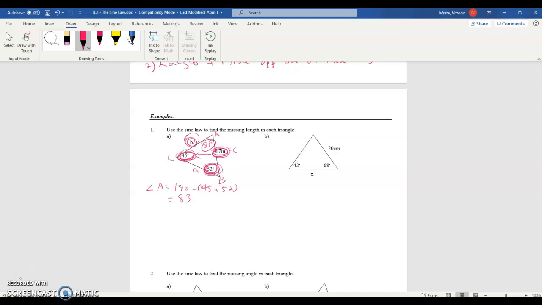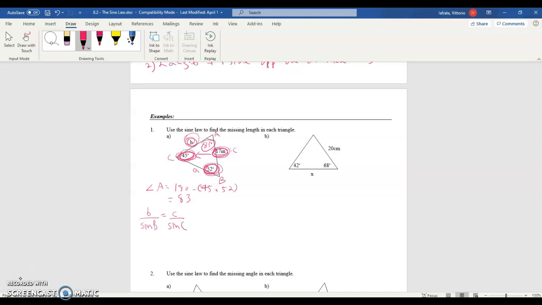When we're using the sine law to find the missing side, we want to write the ratio so that our sides are on top. So we will write little b over sine b is equal to little c over sine of angle c.